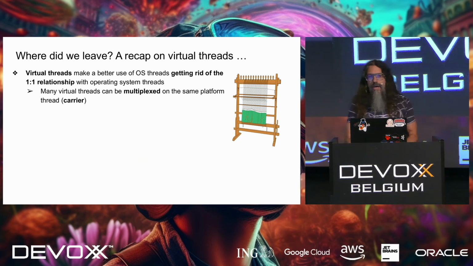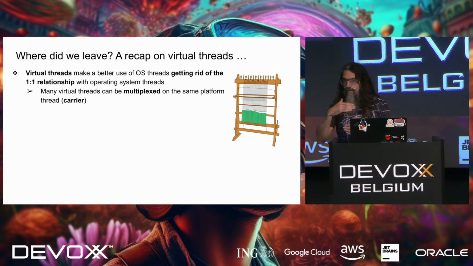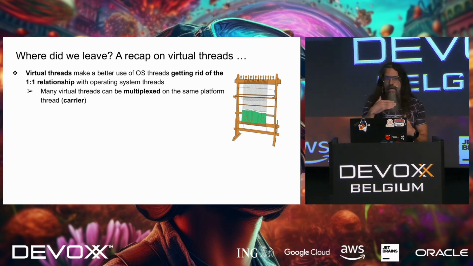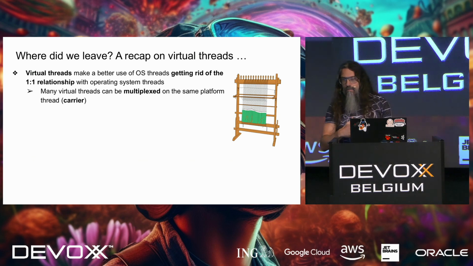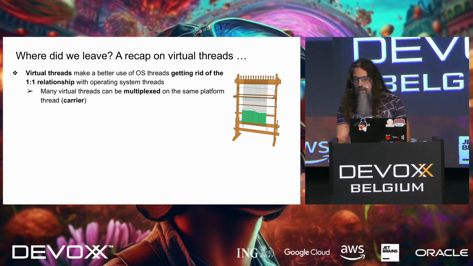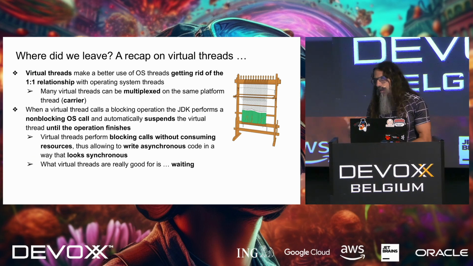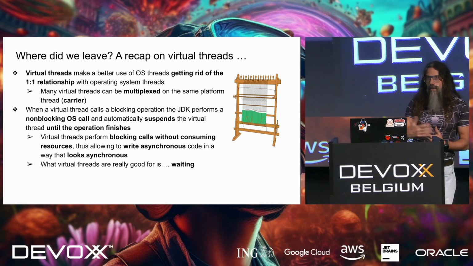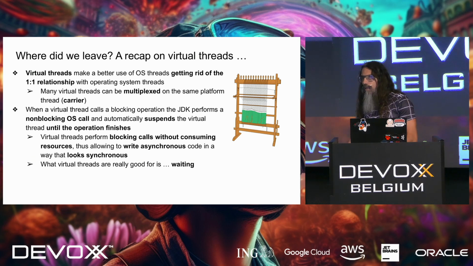The idea of virtual threads is getting rid of the one-to-one relationship between Java threads and the threads provided by the underlying operating system. So the same native thread, called the carrier in this case, can be used by multiple virtual threads, and a virtual thread can be mounted and unmounted from the native thread.